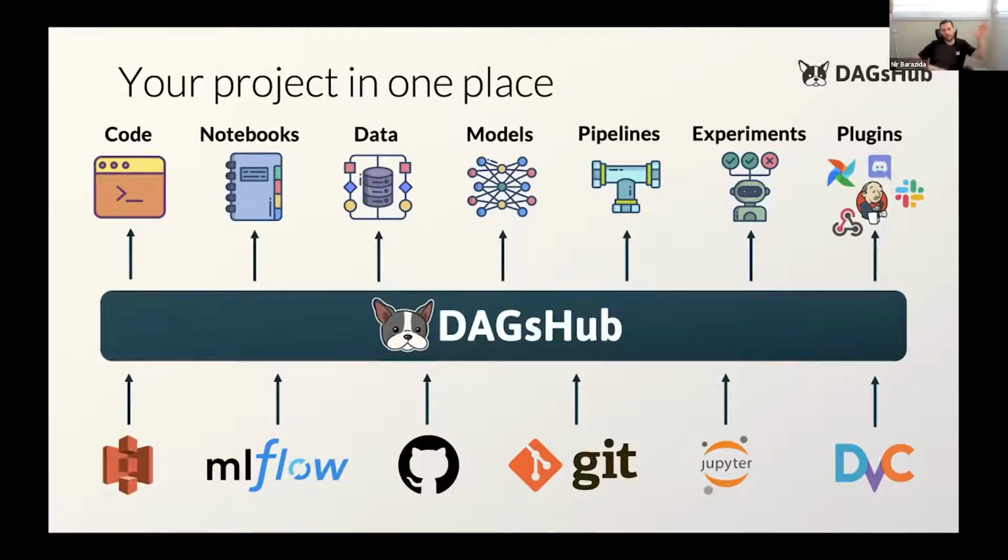So you don't need to move around between different platforms. So you have your code files on GitHub, and your data files on an S3 bucket or storage or Google Drive, and your experiments on an MLflow server, and I don't know what else, and your labels on an annotation platform. So you're going to get all of those capabilities or those tools under DagsHub with an additional layer that provides that workflow that you can use.